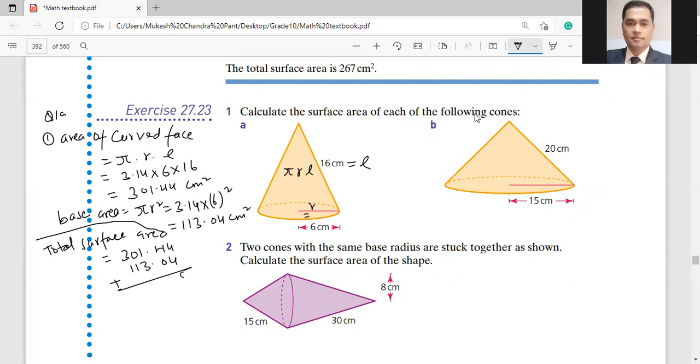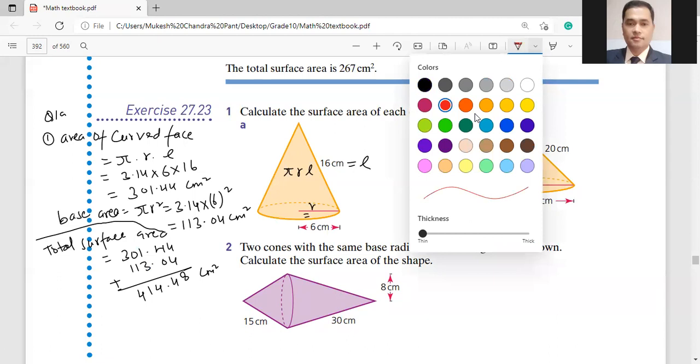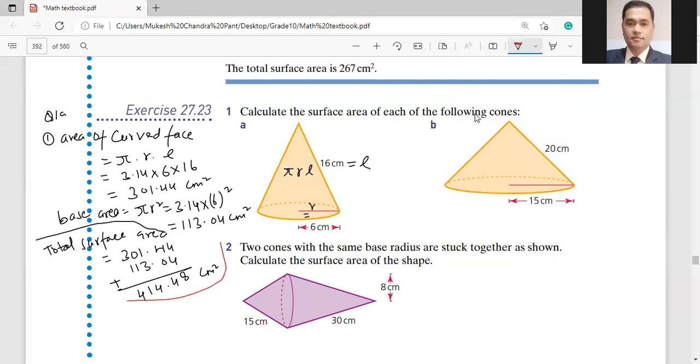This is 4 plus 4, 8. 1 plus 3, 4. 0 plus 1, 1. Oh, so many 4s are coming. Centimeter square, guys. This is question number 1A, it's not 2. Understanding? So don't get confused.